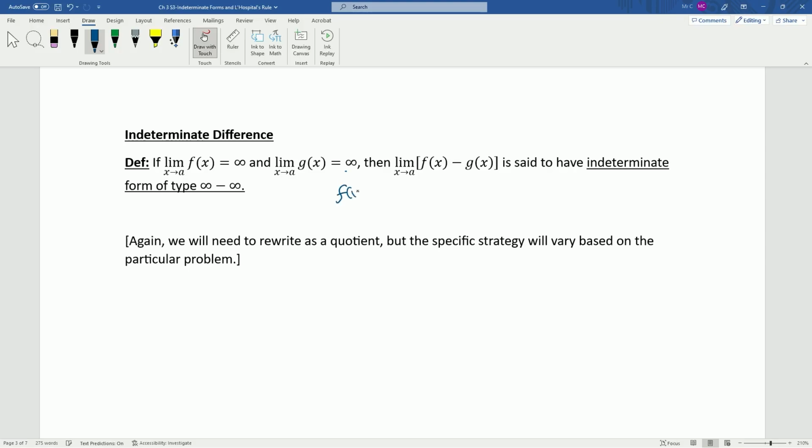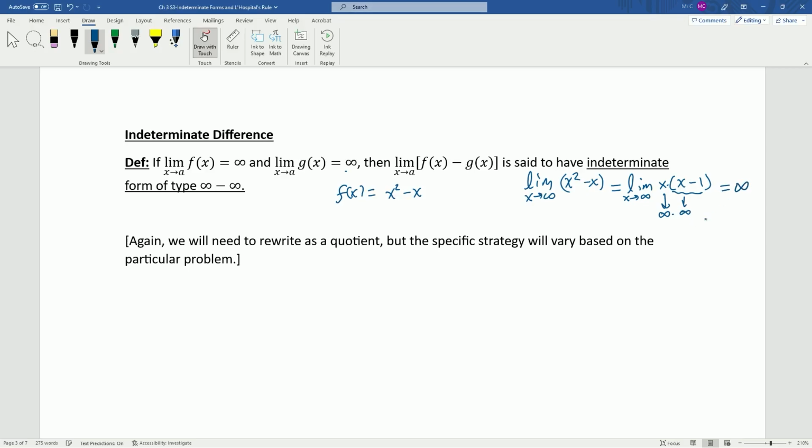So if I have the function f of x equals x squared minus x, you may be tempted to say that this is going to 0 when I take the limit, right? Limit as x goes to infinity of x squared minus x. You might be tempted to say that this is 0, but if we rewrite this in a slightly different form, it becomes clear when I factor out an x and I get x times x minus 1, that this is really a product of two things that are both approaching infinity.